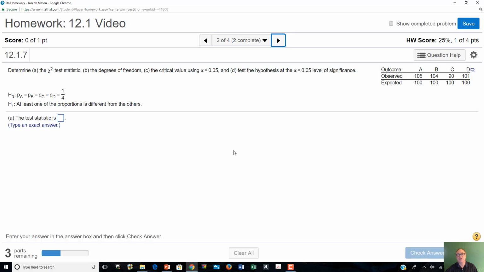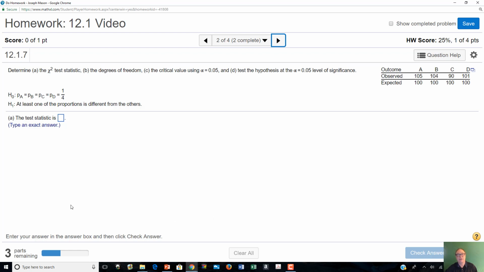Now, question 2. In this case, they want you to find the chi-square test statistic, degrees of freedom, the critical value using alpha equals 0.05, and test the hypothesis at the alpha equals 0.05 level of significance. Now, they give you the null hypothesis and alternate hypothesis.